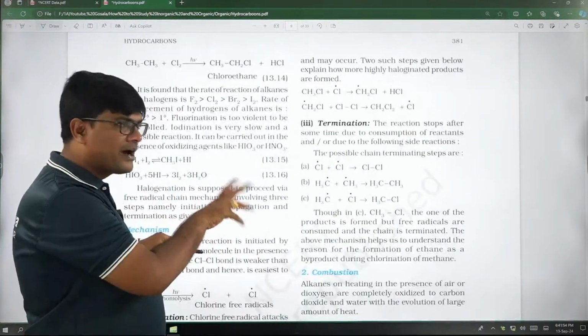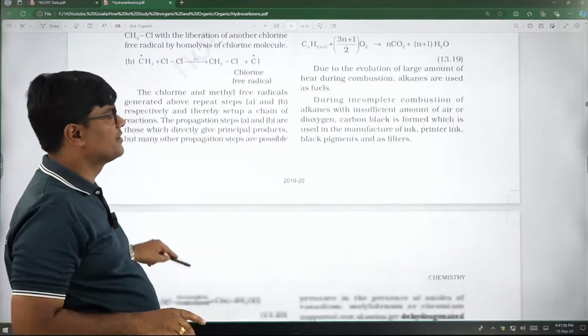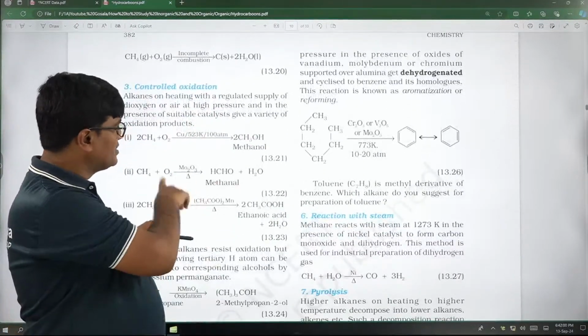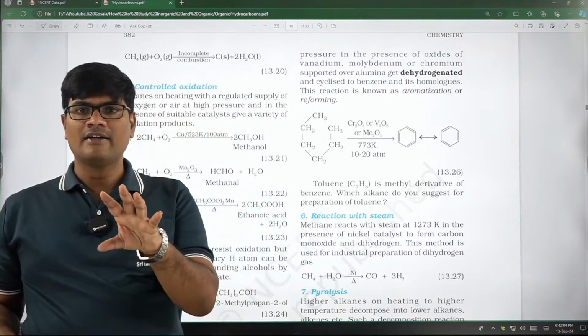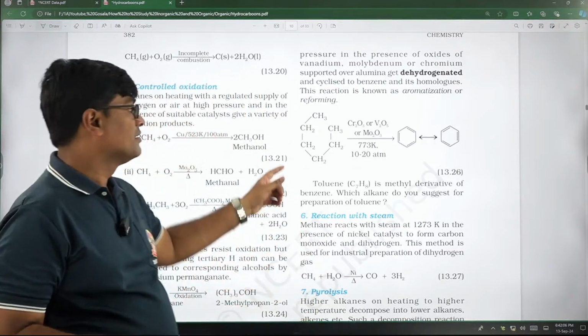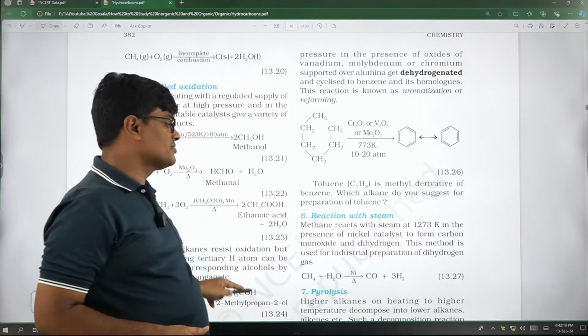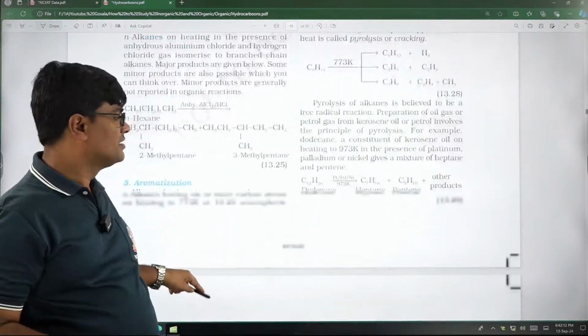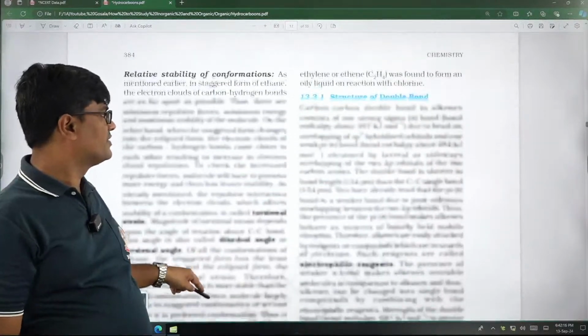Next, chemical properties and mechanism. Briefly they have given, but for the hydrocarbons chapter these are not sufficient. But these reactions you must learn, including the temperature also. They have mentioned some temperatures, pressures, everything. Obviously in class notes we go a little beyond this, so you don't need to worry. You go through the class notes. Conformational isomerism we know.